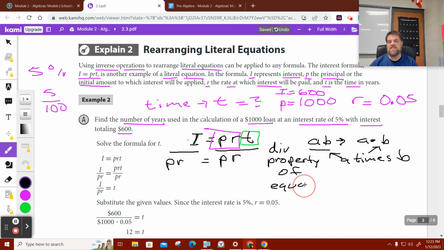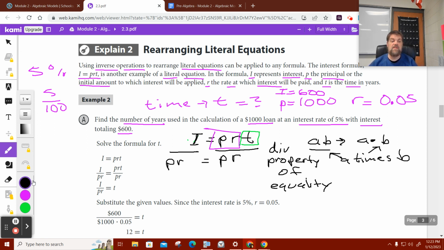I'm saying the left-hand side is equal to the right-hand side, equality. So that's the division property of equality. Whenever I say, whatever I do on one side, I do to the other side, that's a property of equality. Well, what did I do? I divided. So we use the division property of equality to keep the equation balanced.